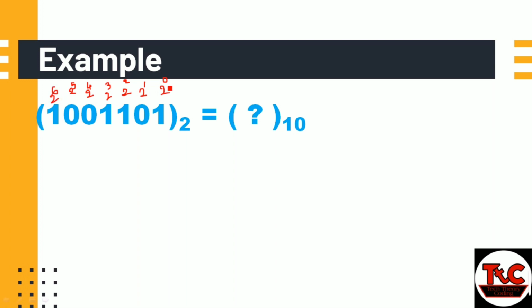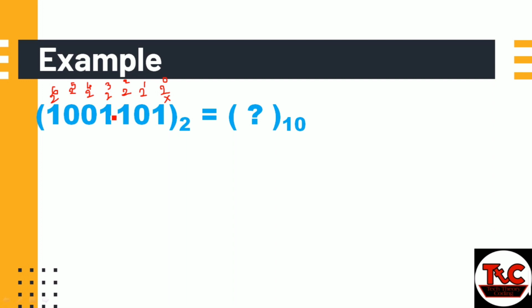Now you know that 2 to the power 0 is 1. Multiply 1 with this given digit 1. 2 to the power 1 is 2, but here 0 is there. When you multiply this value with 0, you will get 0. 2 to the power 2 is 4. Multiply 4 with this 1. 2 to the power 3 is 8.